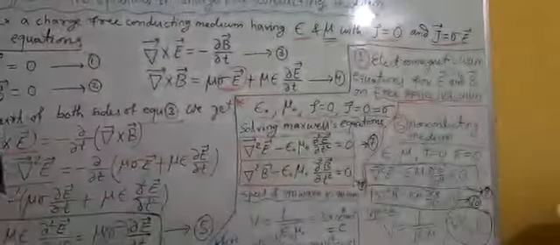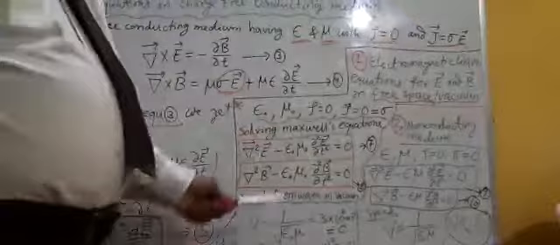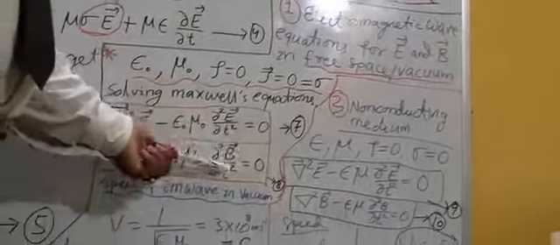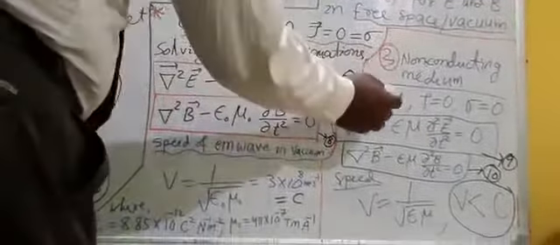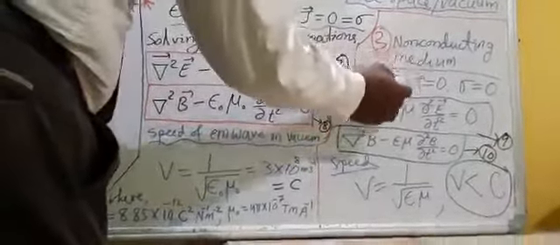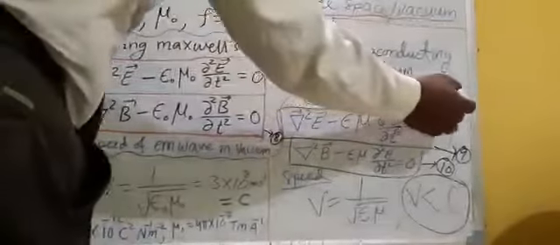If you compare this, you can remember the equations easily. Then the third case is the repetition of equations 7 and 8, but the change is here: epsilon, mu, with rho 0 and sigma 0.